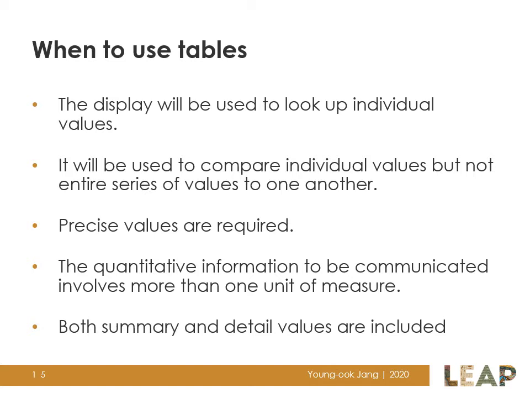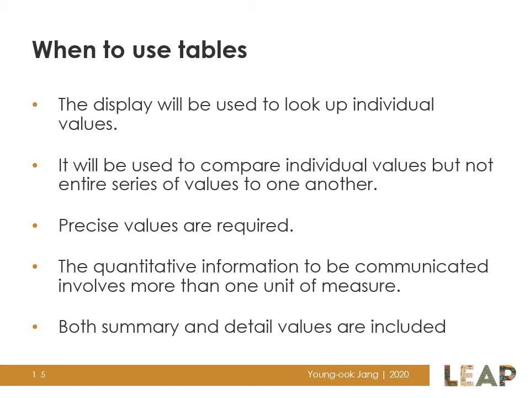It's best to use tables if your display will be used to look up individual values. A graph is visually better, but it doesn't show specific values of specific variables. Tables are useful to compare individual values, but not entire series of values to one another, right?